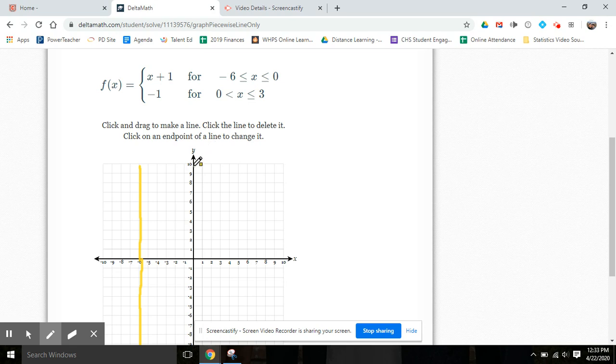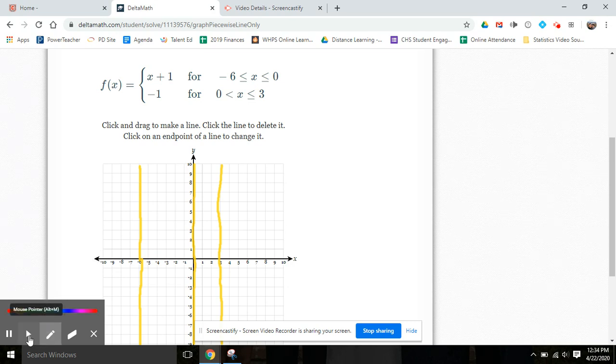And then at 0 as well. So that's a changeover point. That first equation is stuck between these two lines. The second one goes from 0 to 3. You can't highlight in general, but this is going to help you see it. You can always do this on paper and then transfer it onto Delta Math.